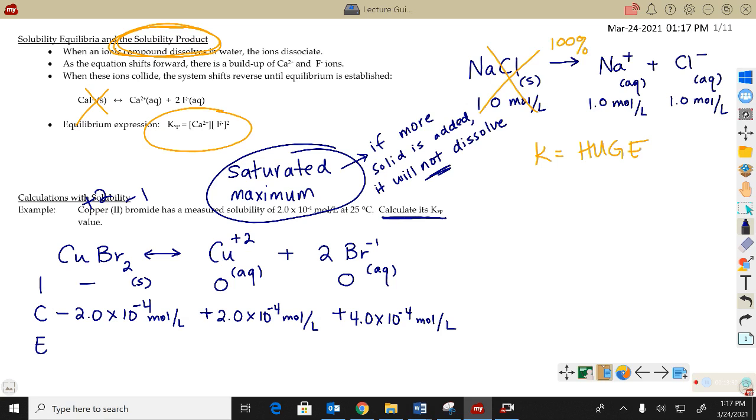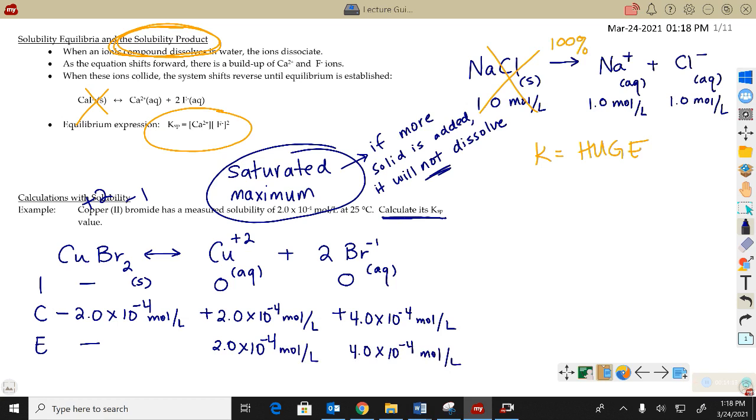Really, so that at equilibrium, again, I don't care about the solid. I don't care how much solid is left over because I'm not going to use it. And so then at equilibrium, this just would be 2 times 10 to the negative fourth moles of copper per liter, and 4 times 10 to the negative fourth moles of bromine per liter.